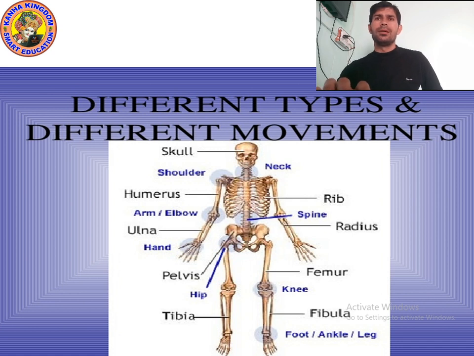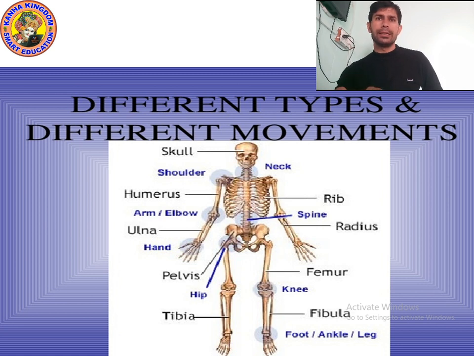Yes, so kids, before we start, let's revise whatever we studied in the previous class. You know that in the previous class we studied about joints. We studied about gliding joint and fixed joint.